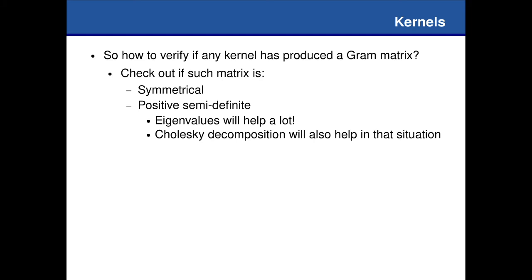So how can we verify if a kernel has produced a Gram matrix? That's kind of easy. First of all, the matrix has to be symmetrical. If it's not, you know you've got a problem. Second, it has to be positive semi-definite, which means eigenvalues must be positive. If they are somehow negative, they cannot have a relevant magnitude.